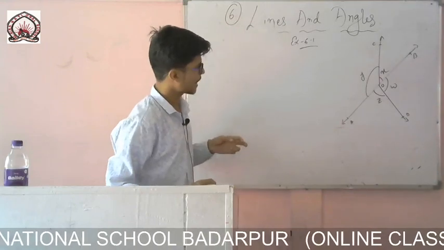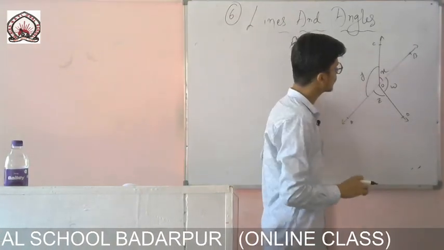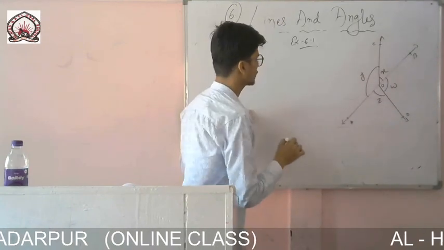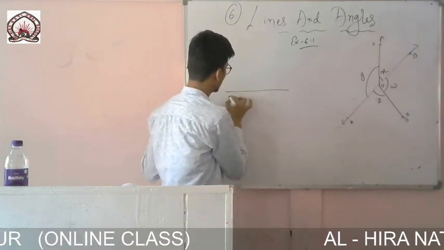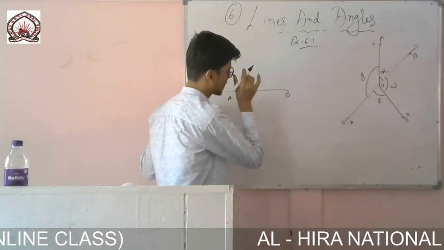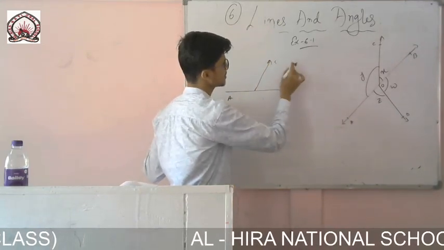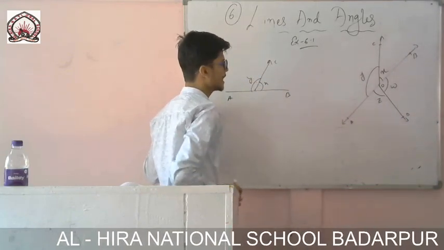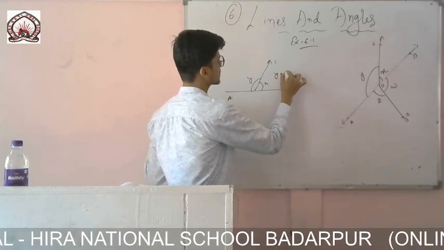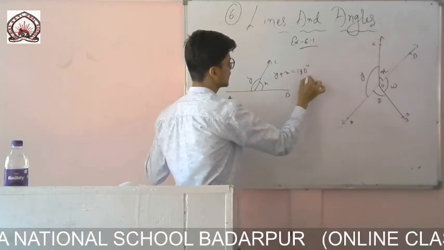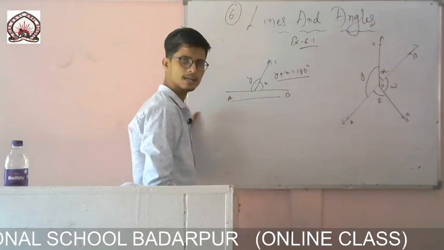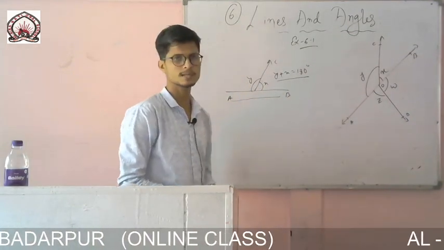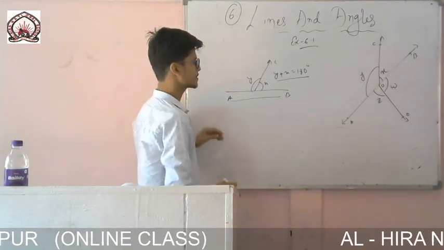Okay. Now you see one thing. How can I prove that AOB is a straight line? I am doing a rough figure. If I write AB here, and if I divide it by that line C, one part is X, another part is Y. If I can prove that Y plus X is equal to 180 degrees, then I can easily say that yes, this is a straight line.